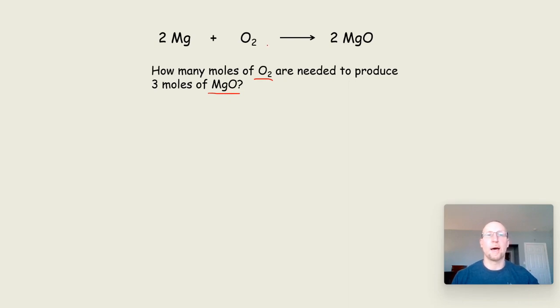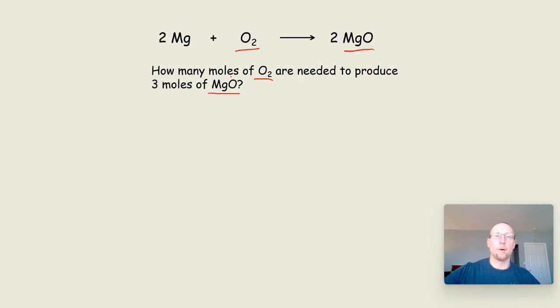So I only care about oxygen and MgO. So I like to underline them. So I know, okay, here's who I'm talking about. I don't care about magnesium right now. All I care about is oxygen and MgO, right? So how many moles of O2 do I need if I want to make 3 moles of MgO?